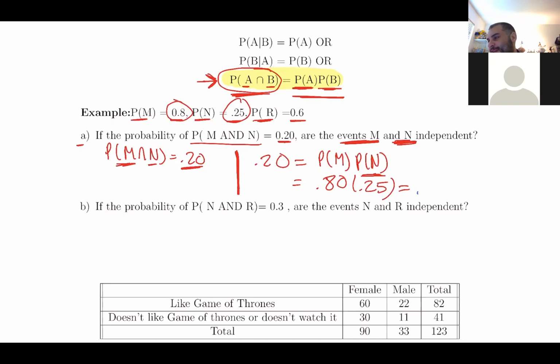So you get 0.20, and the two sides are equal to each other. Since both are equal, we're going to say they're independent. They're independent events because one event doesn't influence the probability of the second event. Whenever the left side and the right side are equal to each other, that means they're independent events. All right, so that's the first example. Any question in regard to the first example?